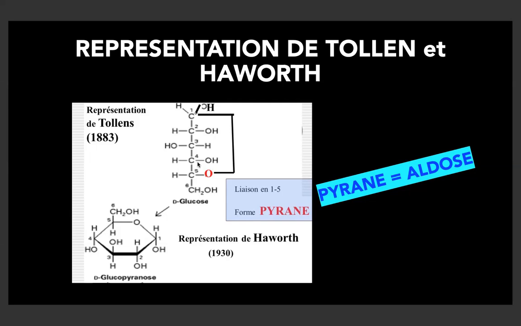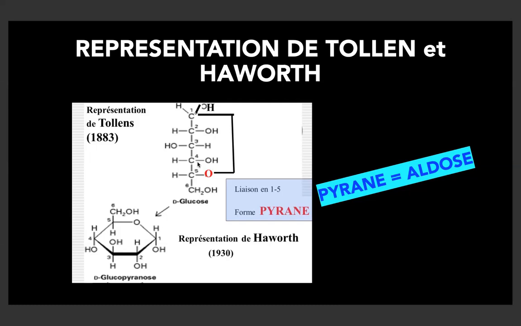But this is a representation we're using called the Tollens, and we are not supposed to show which carbon is asymmetric. With the Fischer projection, we are supposed to show which carbon atom is asymmetric. Then we can say, okay, this one is chiral and this one is achiral.